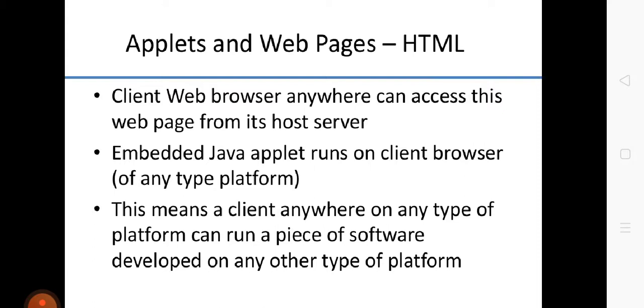So that will be a client browser. The embedded Java applet runs on a client browser of any type of platform. This means a client anywhere on any type of platform can run a piece of software developed on any other type of platform.